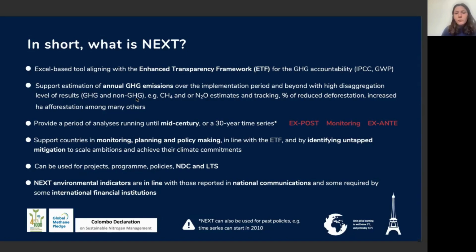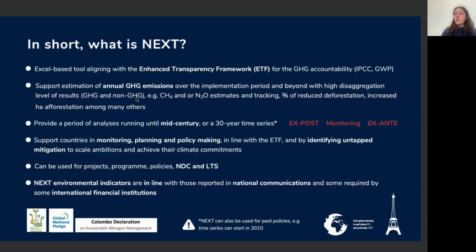So NEXT environmental indicators are in line with those reported in the national communication, and also some of those asked by international financial institutions. So we really tried to create a tool that could be well linked with what already existed, no?